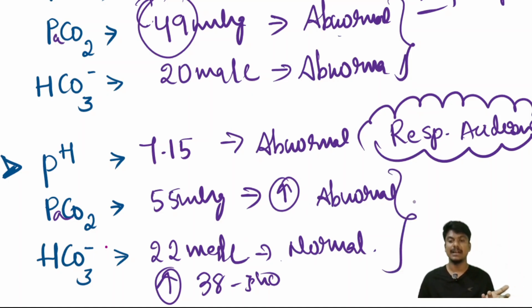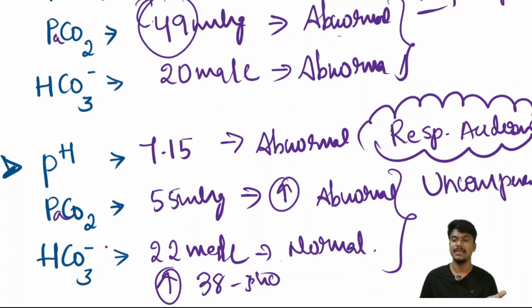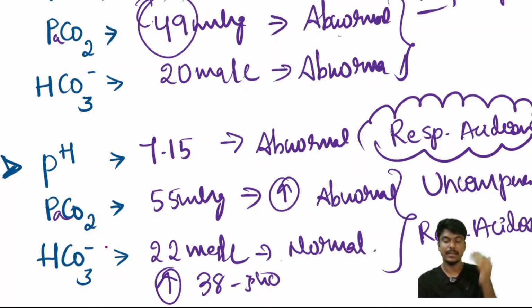So I am calling this one an uncompensated ABG, an uncompensated respiratory acidosis. That's how we can differentiate uncompensated, partially compensated and compensated ABG.